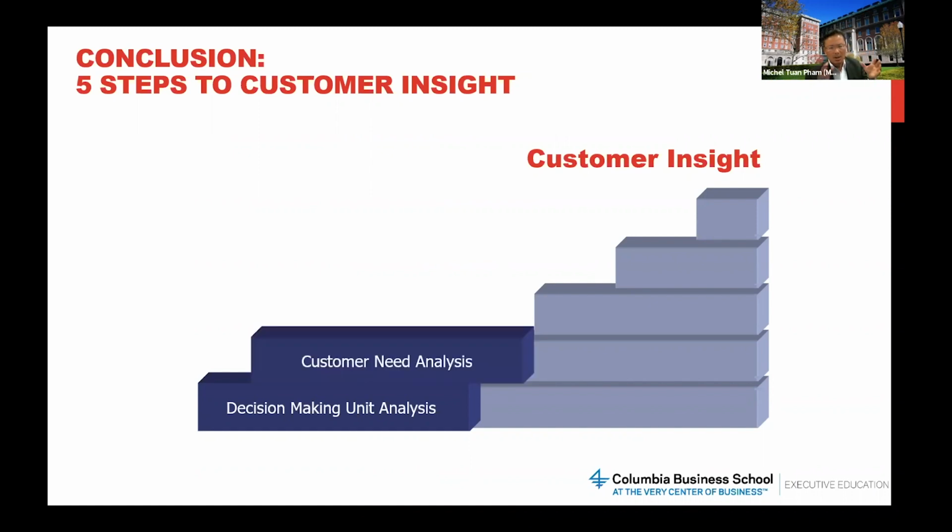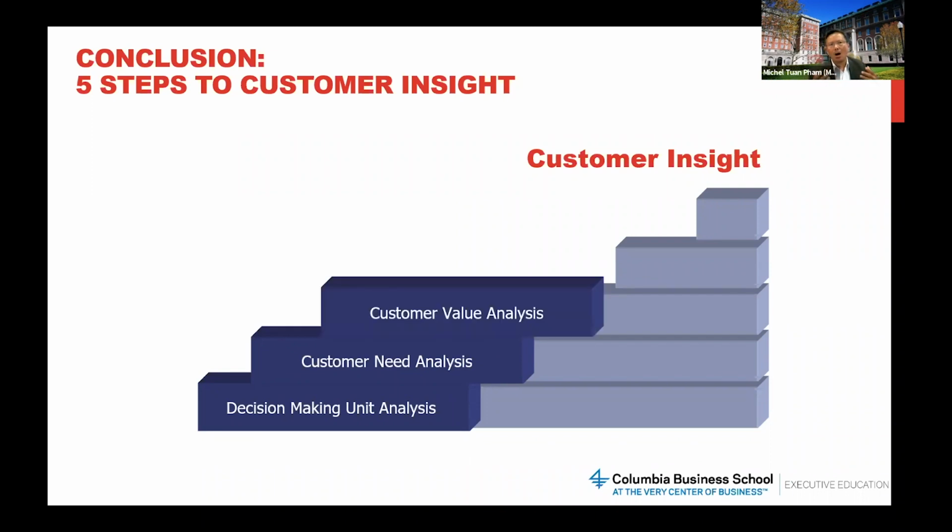The second question is, for those key decision makers, what are the needs that they have? One of the tools you can use to better understand this question is the need landscape analysis that sorts out the needs in terms of real versus not real, expressed, not expressed, addressed, not addressed.